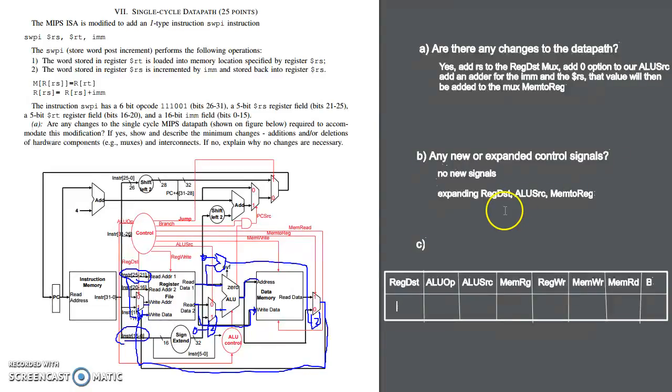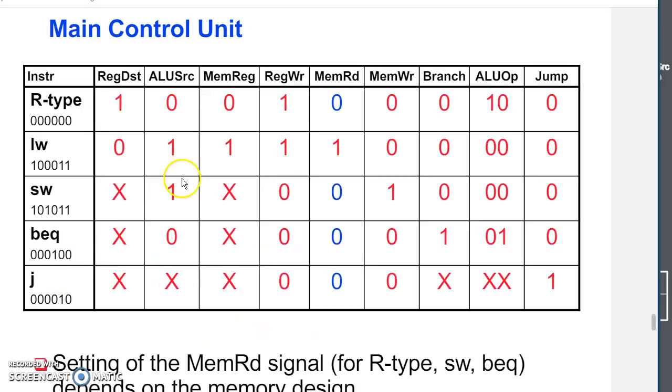Okay, so register destination. Since we added rs to register destination, we know that it needs to be the last value, which is 2. So 2 in binary is just 1, 0. Our ALU operation is just going to be the same as a regular store word operation, which is just 0, 0.